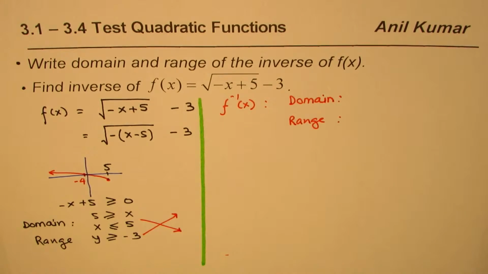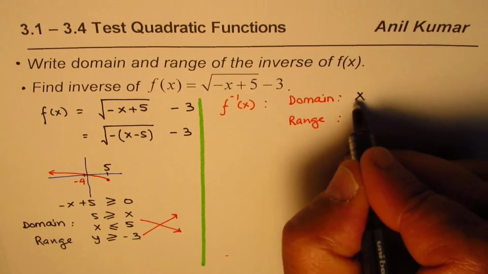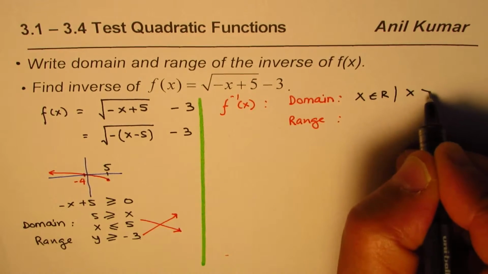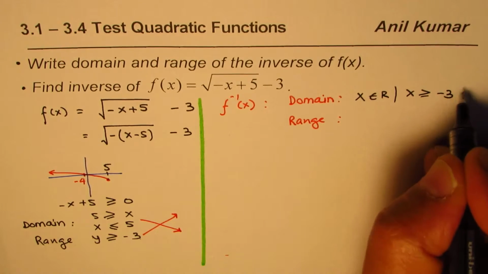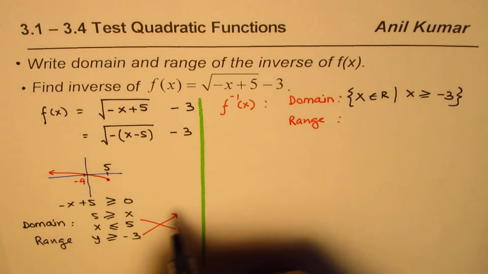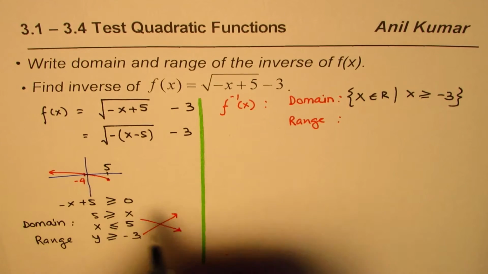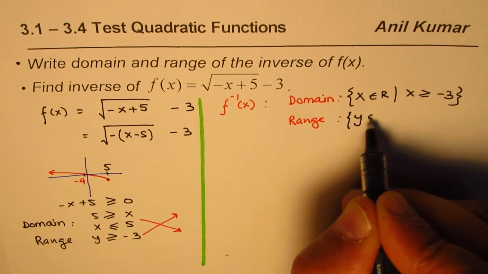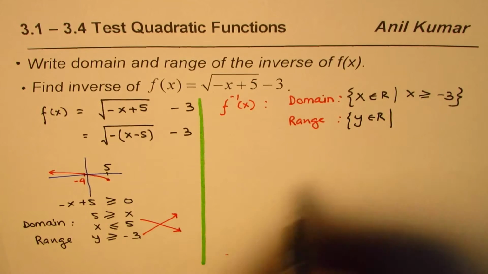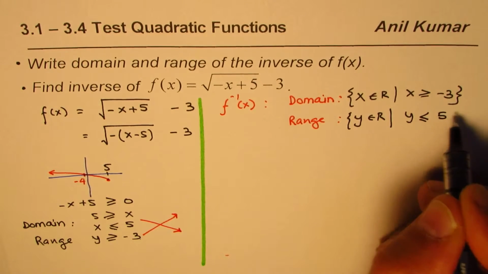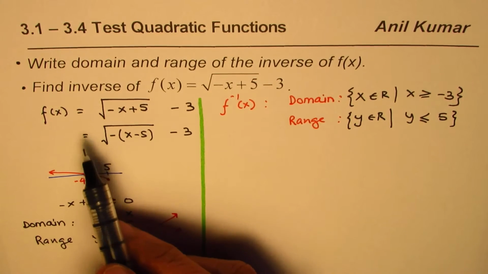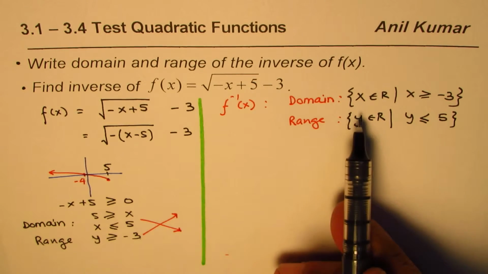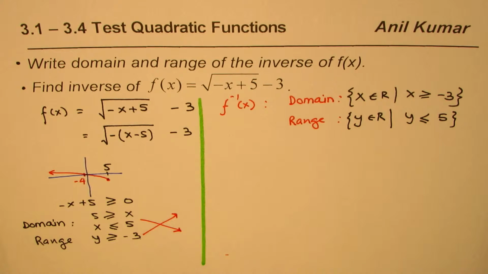So for the inverse function, the domain is going to be x greater than or equal to minus 3, so x belongs to real numbers where x is greater than or equal to minus 3. The domain of the function becomes the range, so the range will be y belongs to real numbers where y is less than or equal to 5. So from the domain and range of the function, we get the domain and range of the inverse function by flipping. This is what I wanted to share with you in this video.